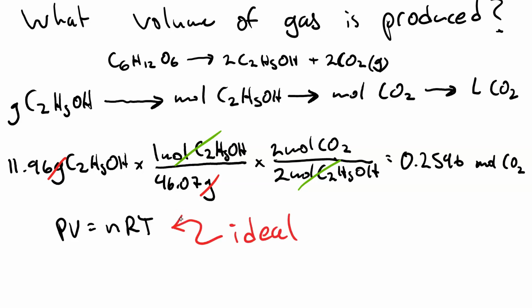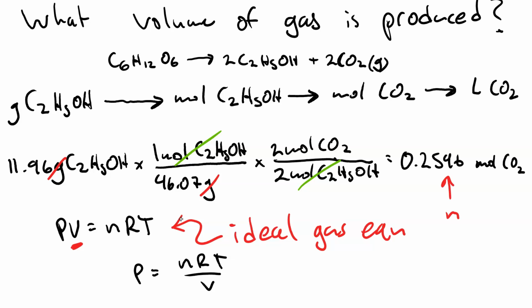Now we can use the ideal gas equation to figure out the volume. So the first thing we'll do is divide both sides by V, and we get P equals nRT over V. Now, we know n, we just figured it out.